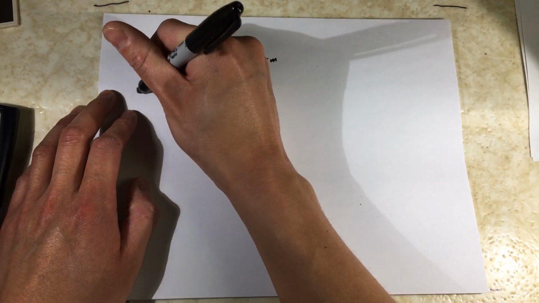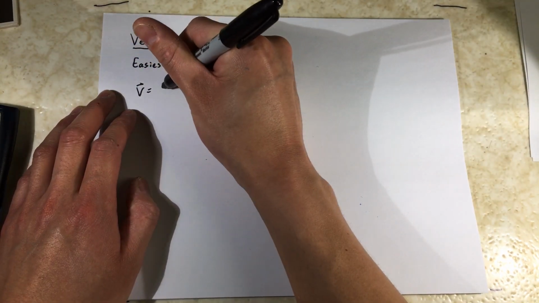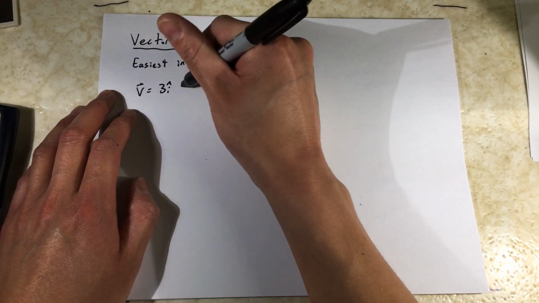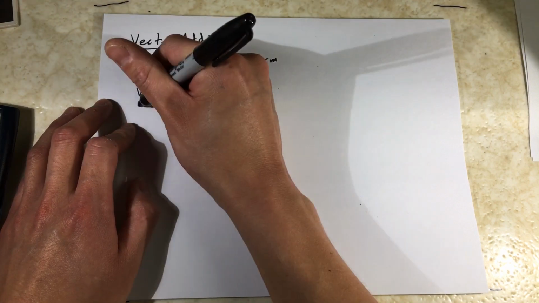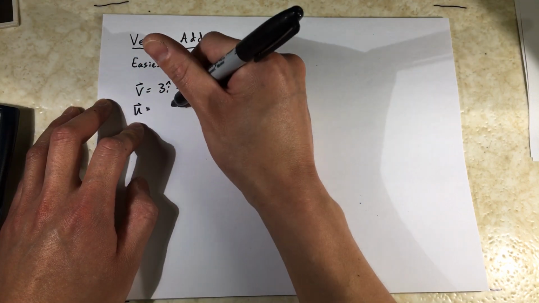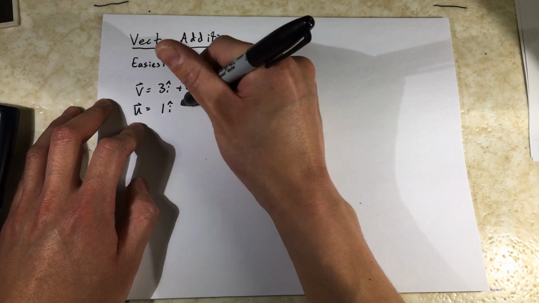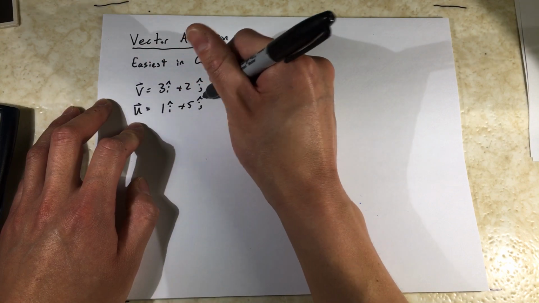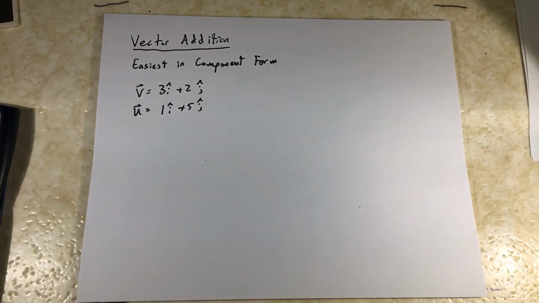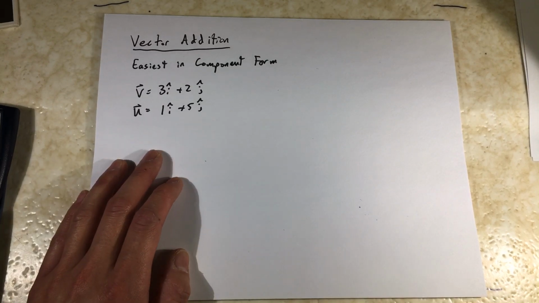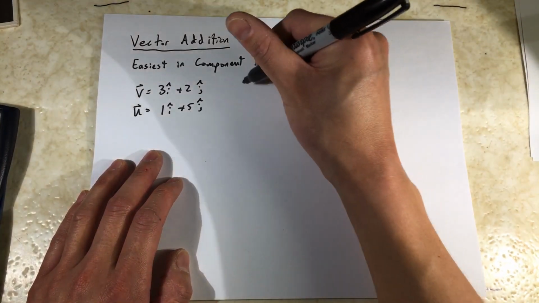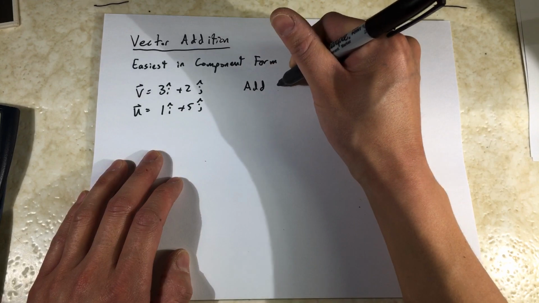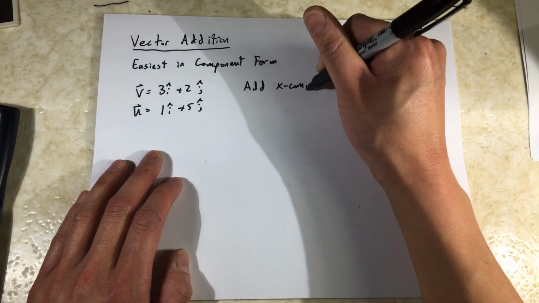And so let's say we have two vectors, v is 3i hat plus 2j hat. And let's say vector u is 1i hat plus 5j hat. So basically the strategy for doing these is to add the x components.